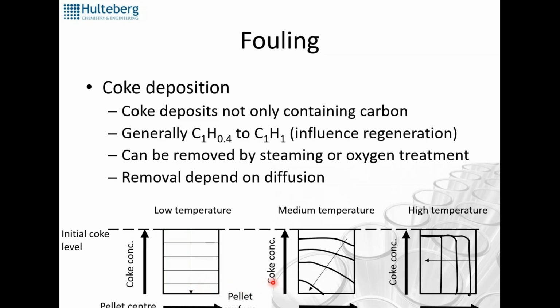If you go up in temperature, you start seeing some gradients, diffusion limitations. You will have a sort of diagonal removal. So you have the pellet surface moving down to the center. And if you are at really high temperatures, on the other hand, you will work your way from the outer surface all the way to the center, because all the oxygen and steam is reacted before it reaches the center.